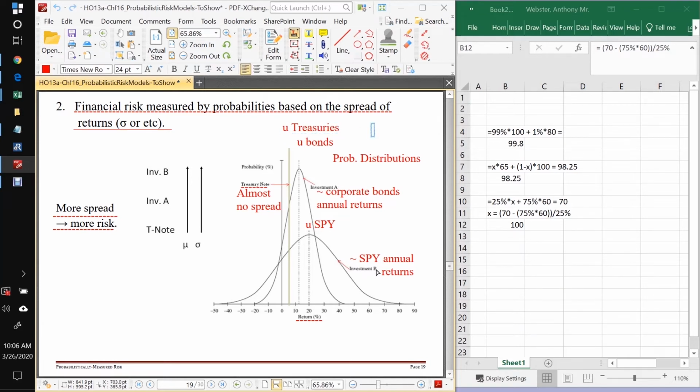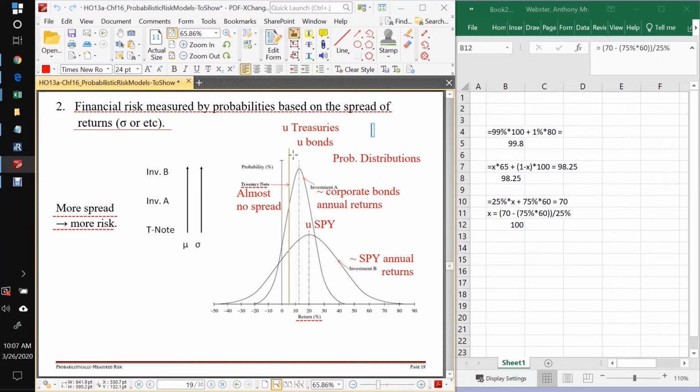So this is our classic risk-reward trade-off. The more risk we take, the more spread we have in our returns, the higher the probability that we could have a very bad outcome, but the higher the reward on average, measured by expected value.